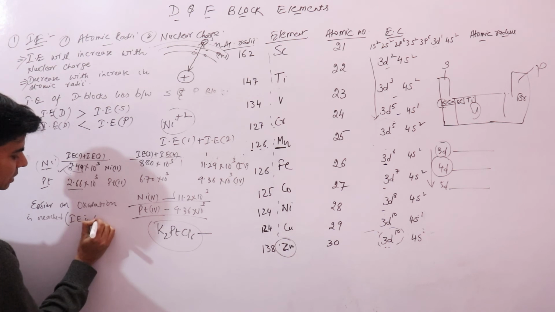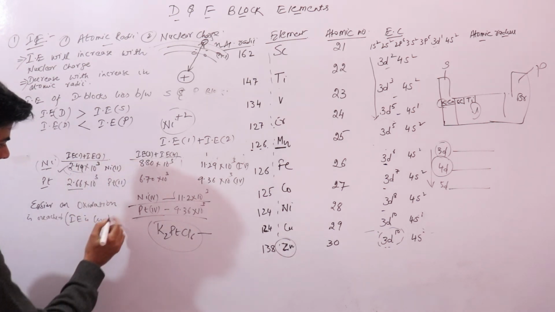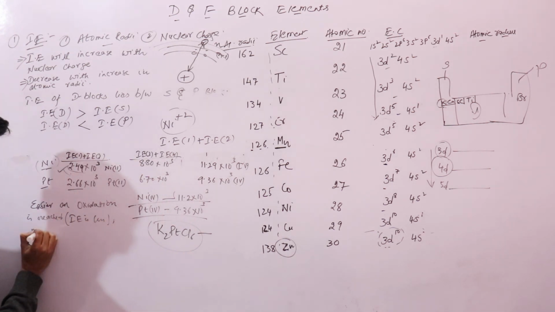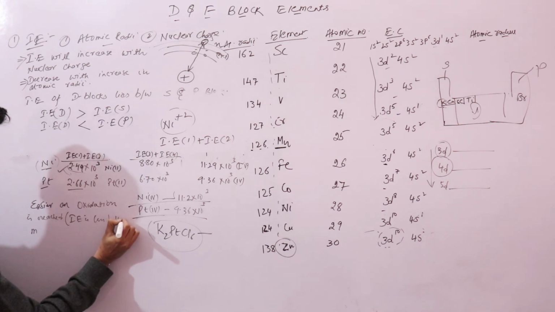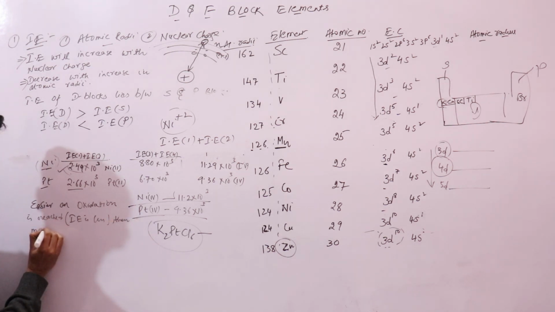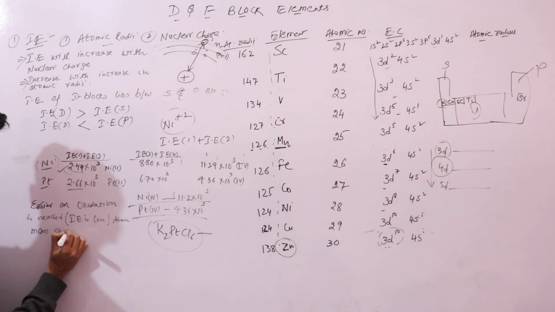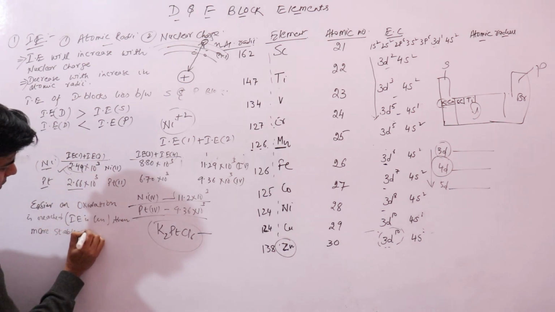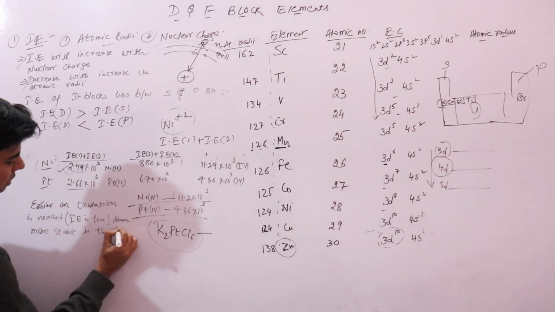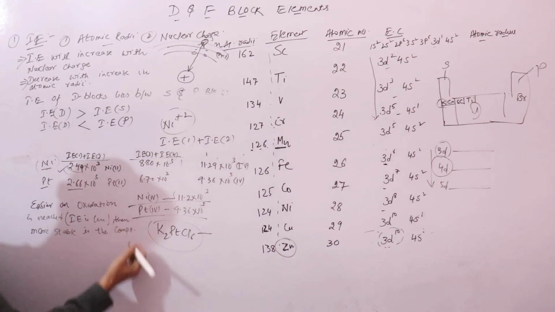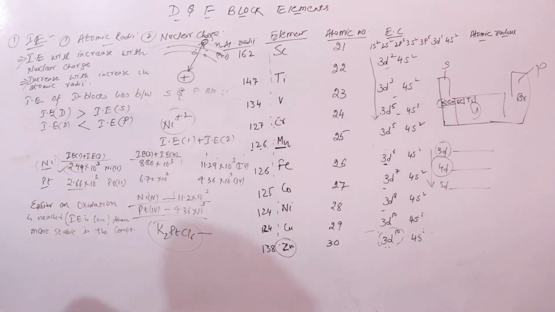Ionization energy is less, then more stable is the compound, right? I hope this is clear.